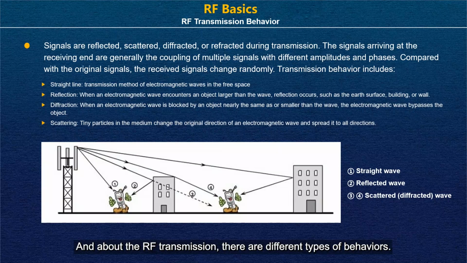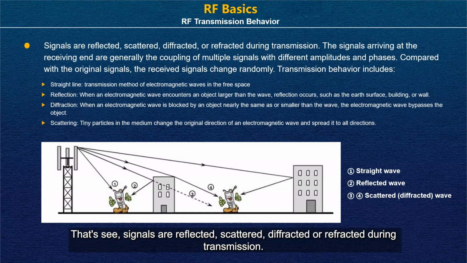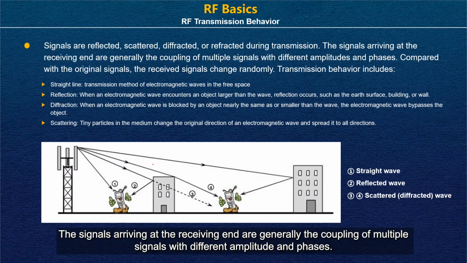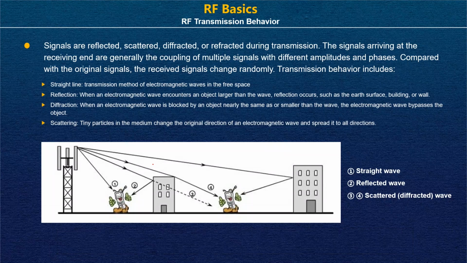And about the RF transmission, there are different types of behaviors. Let's see it. Signals are reflected, scattered, diffracted, or refracted during transmission. The signals arriving at the receiving end are generally the coupling of multiple signals with different amplitudes and phases.